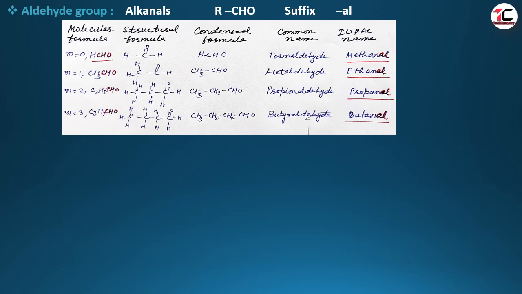So its common name becomes propionaldehyde and IUPAC name is propanal. Similarly, for 4 carbon atoms, suppose we take 3 extra carbon atoms and 1 carbon atom is already present here. Its common name becomes butyraldehyde and IUPAC name is butanal.